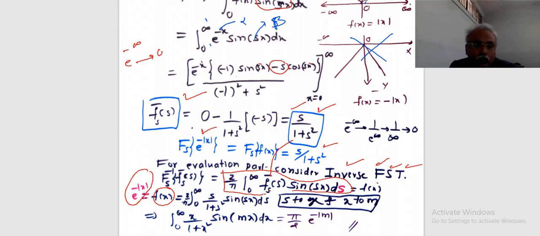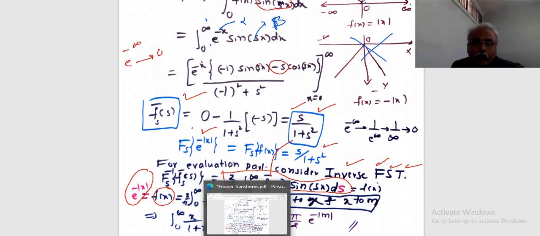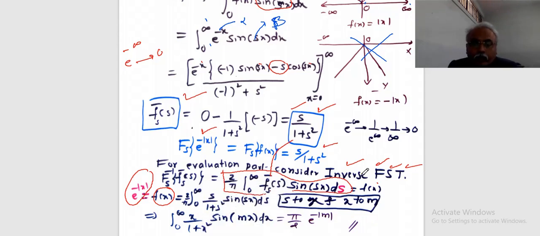Now this 2 by pi, if you transfer this side, 2 by pi means pi by 2 into e raised to minus mod x. Now, first of all, wherever x is there, you put m here and m here. Can you see that? M here and m here. So this becomes m, this becomes m.